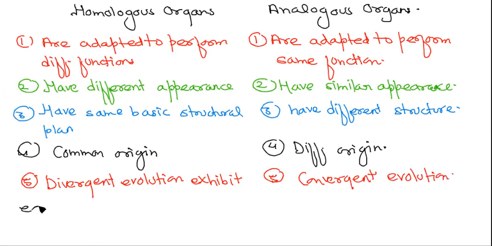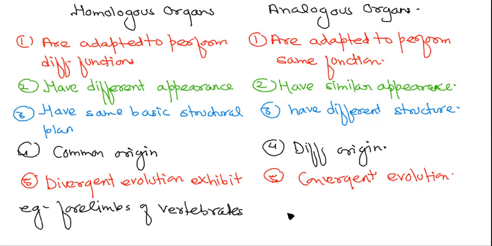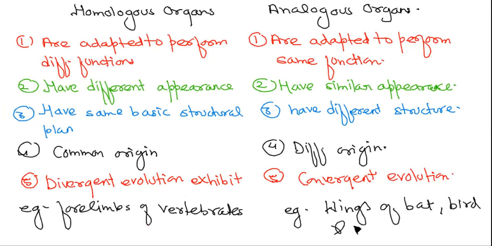With the help of this, you can easily compare forelimbs of vertebrates. After this, we'll share some questions related to this chapter through the WhatsApp group. While in analogous, you can compare wings of bat, bird, and insects.